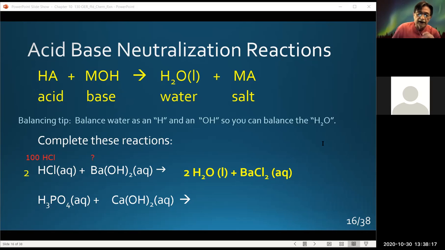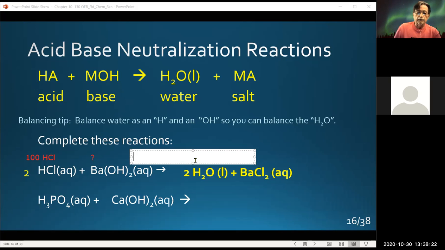I could set up, if I wanted to, until I'm comfortable with recognizing it, a ratio of 100 HCl, because I'm trying to find out how many barium hydroxides I need. I know it's 1 barium hydroxide divided by that ratio of 2 HCl.